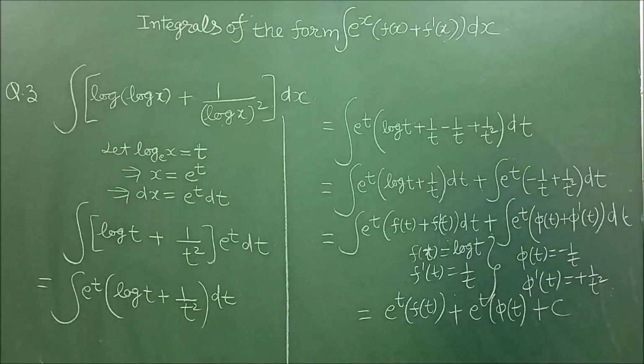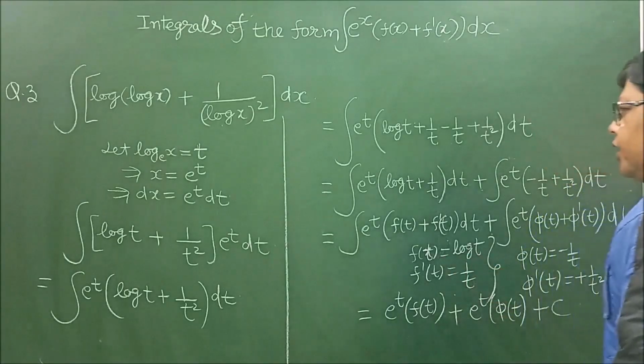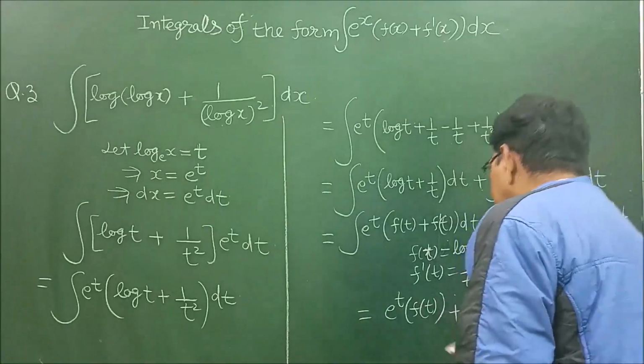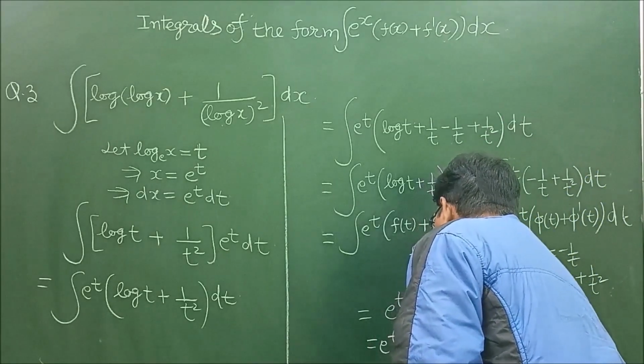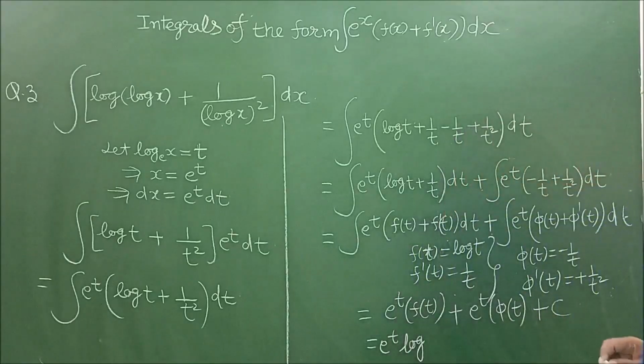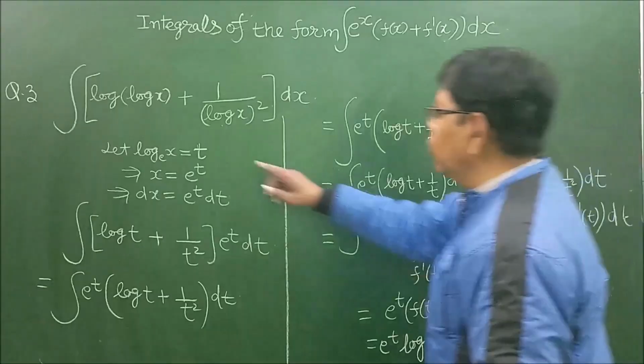Now putting the values, f(t) is equal to log t. Log t means e raised to the power t log of t, putting the value of t we have taken equal to log x.